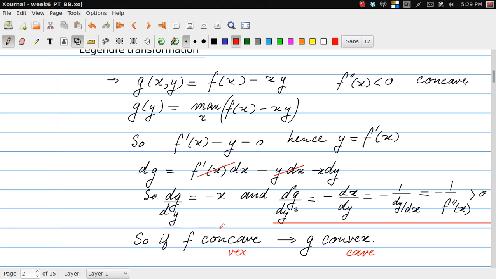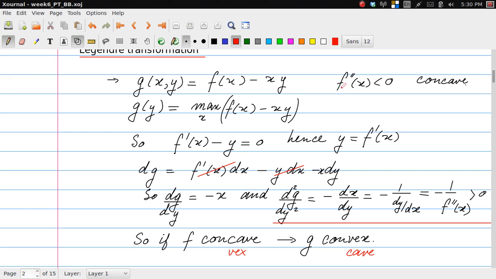And having that, we find that dg/dy is equal to minus x, and therefore the second derivative of g with respect to y is the same as minus the derivative dx/dy. Now this derivative is 1 over dy/dx, but y was the first derivative of f, so that means that this is minus 1 over the second derivative of f.